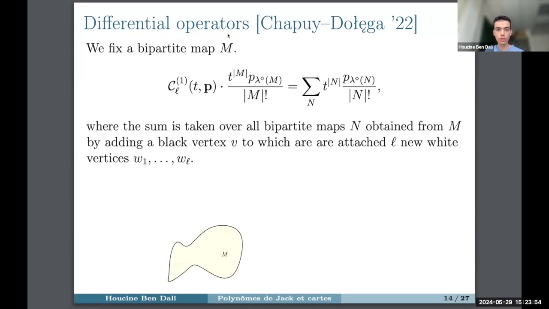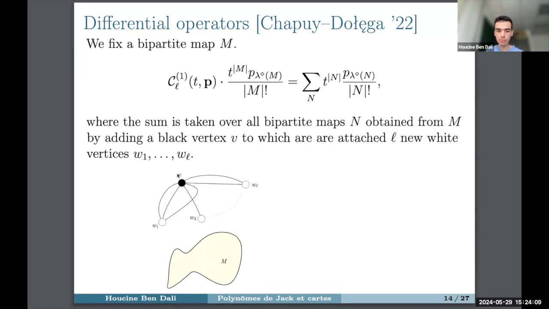If we start from a map M, which I represent with this yellow here, and we act by this operator CL for alpha equals 1, we will add some vertex V and L new white vertices, which I denote W1, W2, WL. So this new black vertex can be connected to some old white vertices in the map. But the new white vertices are only connected to V.